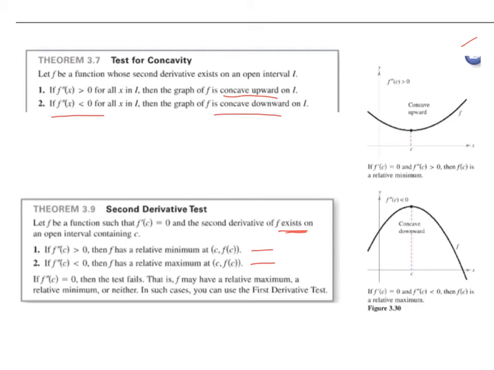If the second derivative equals 0, the test fails, that is, f may have a relative max or min or neither. You might have to rely on the first derivative test, checking increasing to decreasing, decreasing to increasing, to determine relative max or min. So the second derivative test might not always work, but then you have the first derivative test to fall back on.